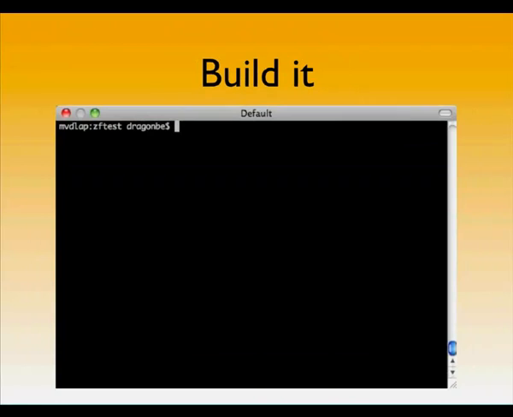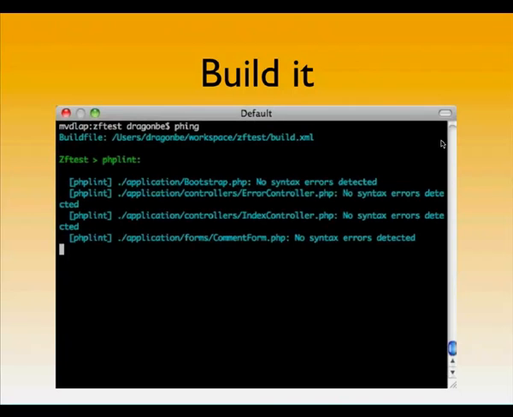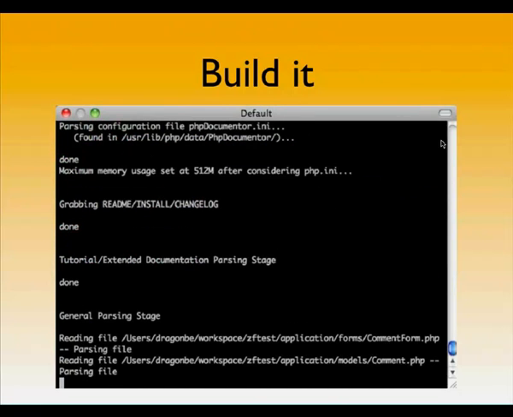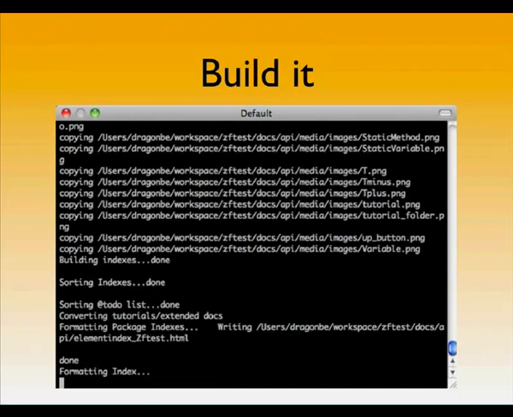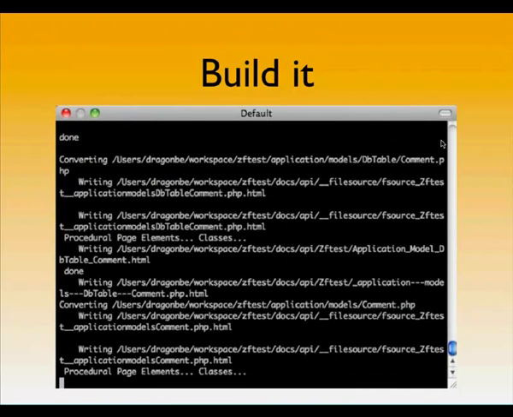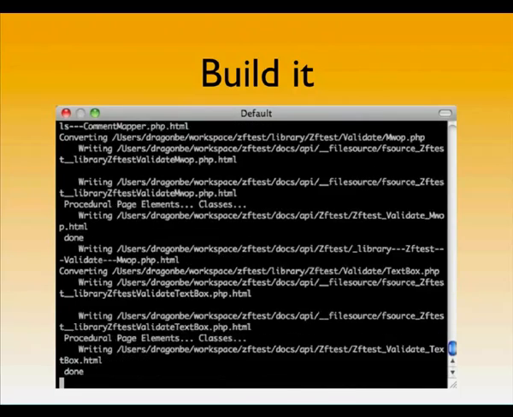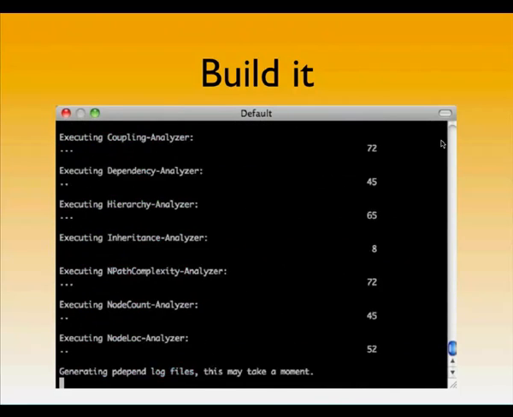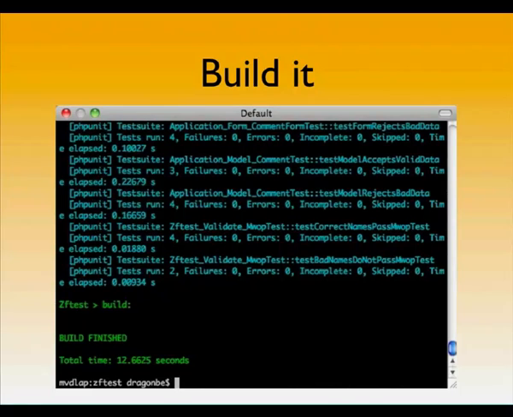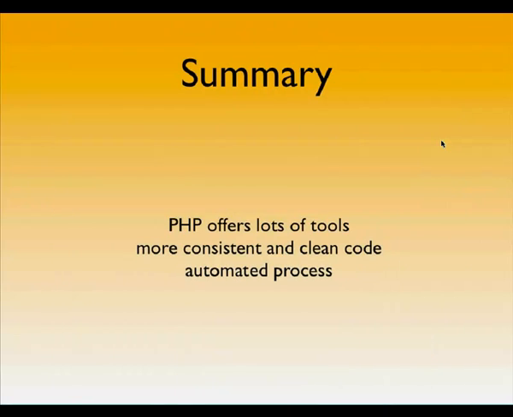So call Phing, and it will execute all the targets that we've discussed here and generate all the reports. PHP offers lots of tools. It's more consistent. All can be done.